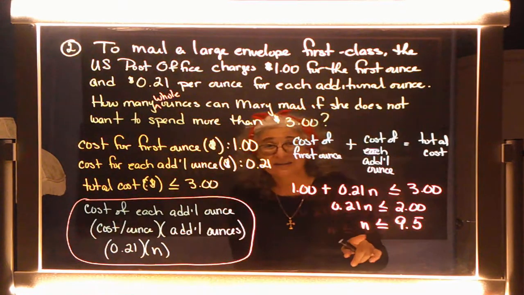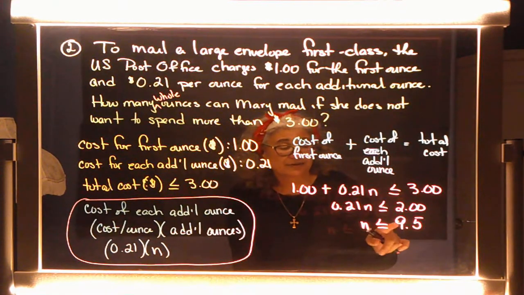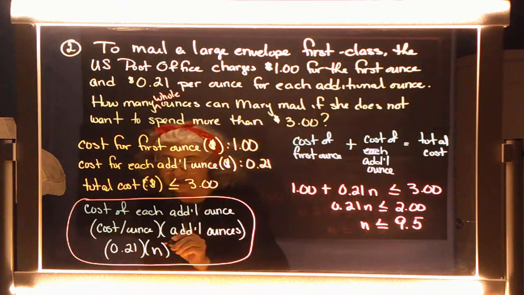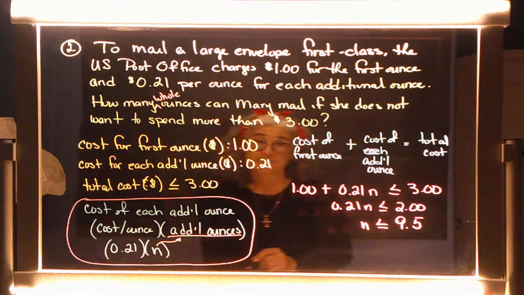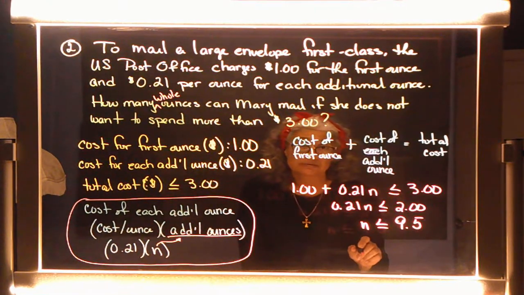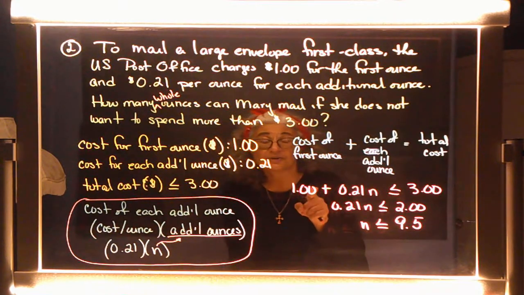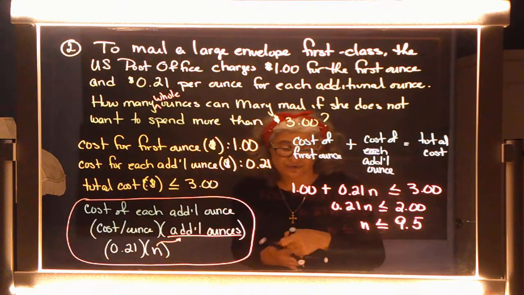So did you get the same? Yeah, N is less than or equal to 9.5. What does N stand for? N represents the additional ounces. So we put $1 in here, didn't we? Because that was the cost for the first ounce, right?